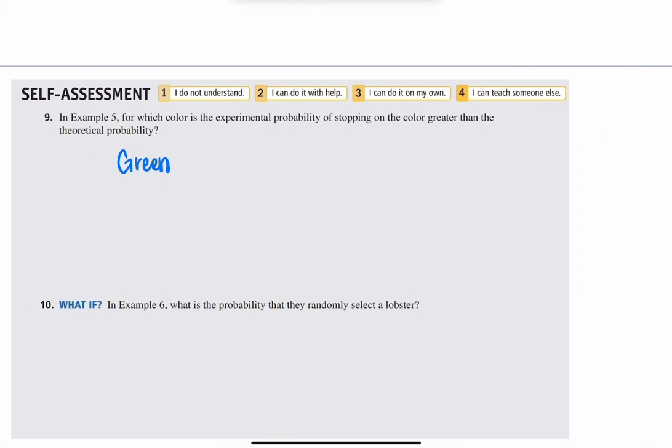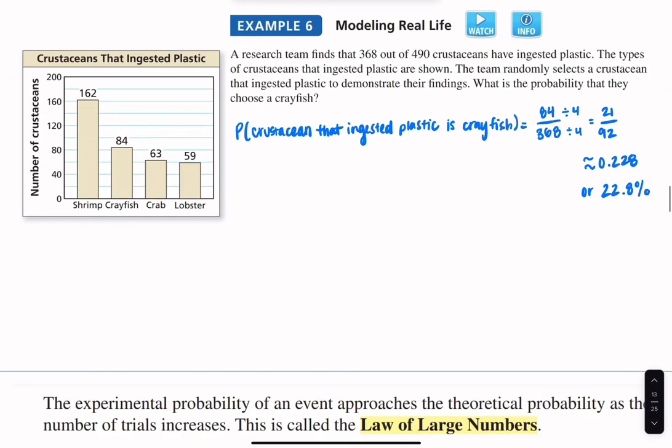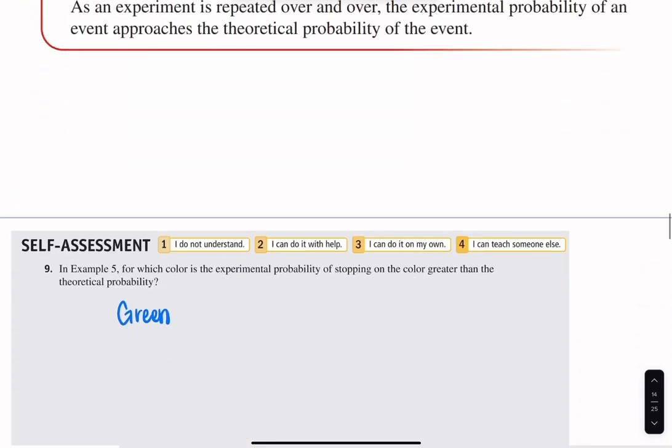Number 10, in example 6, what is the probability that they randomly select a lobster? So in this one, there are 59 lobsters.